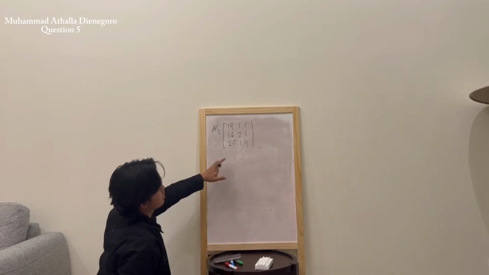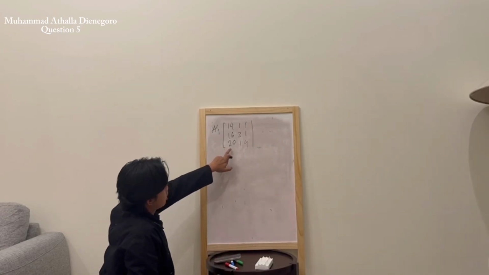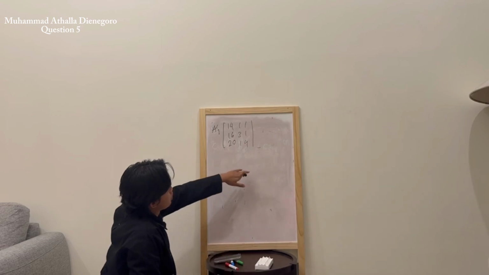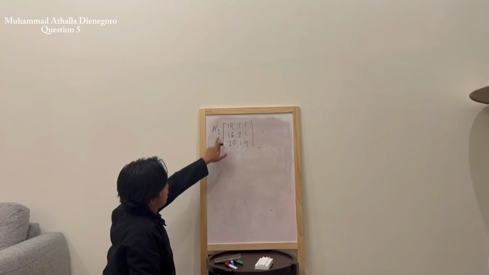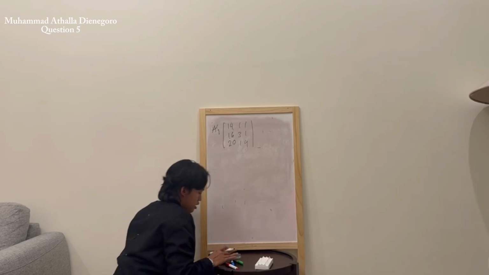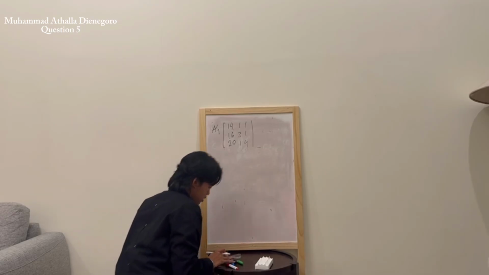We have to make it like this. This is the first, x1, x2, x3. So we input the x1, x2, x3 into this A1, and then let's calculate it.